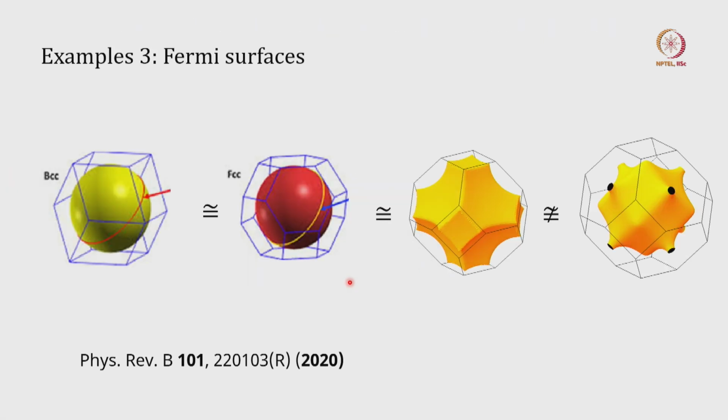Now, more relevant topological space for us would be like Fermi surface. So, this is a Fermi surface for some Brillouin zone, and this is a Fermi surface for another Brillouin zone, but as long as the Fermi surface topology is concerned, this one I can continuously deform into this one, and these two Fermi surfaces are homeomorphic.